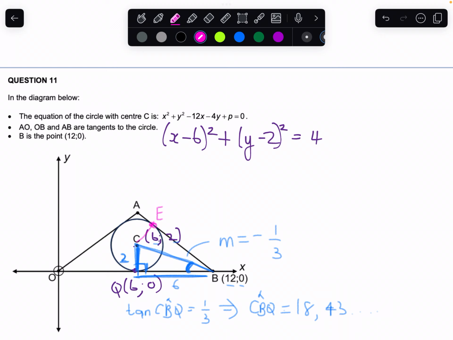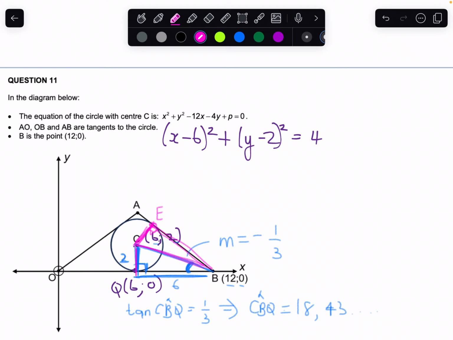Okay, so if you then do that, they are congruent because this is also 90. They have a common hypotenuse, so using RHS, they are congruent.